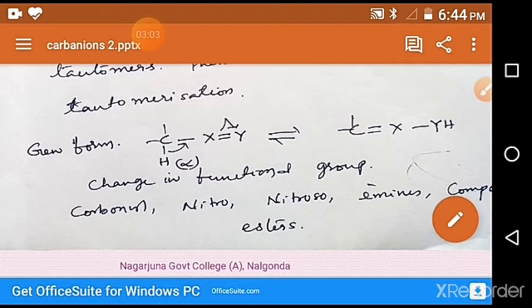There should be an alpha hydrogen to the double bonded group. This is the necessary condition for a compound to exhibit tautomerism.